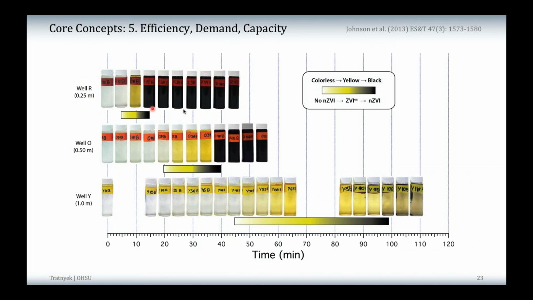So here's the water that's unimpacted. Here's the water where NZVI is coming straight through. Further down gradient, that breakthrough happens later. Even further down gradient, that breakthrough happens even later. The really interesting result here is the yellow bottles. The yellow bottles are NZVI that's been fully oxidized to iron 3. That's because the aquifer had a reductant demand that basically used up the NZVI and produced basically only iron 3 oxides.